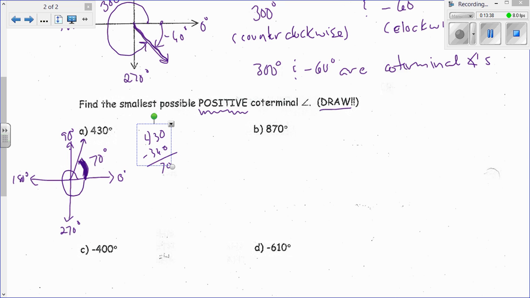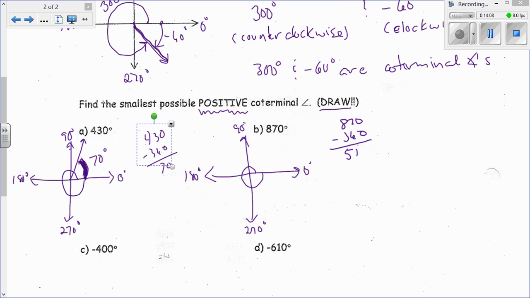So for 870 degrees, 0, 90, 180, 270. If I'm going to go 870 degrees, all the way around once is 360. So 870 minus 360 is 510.